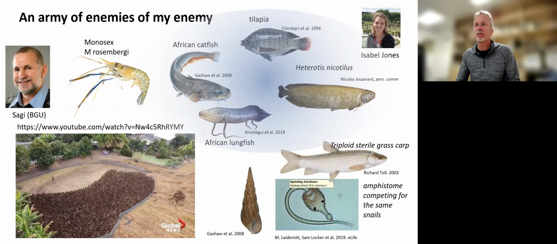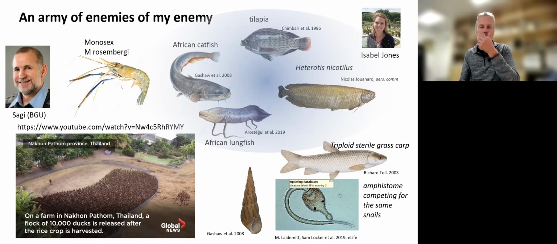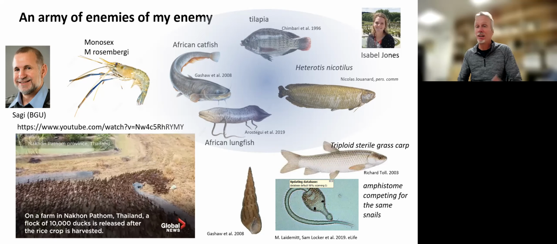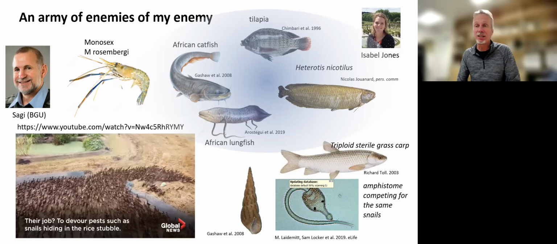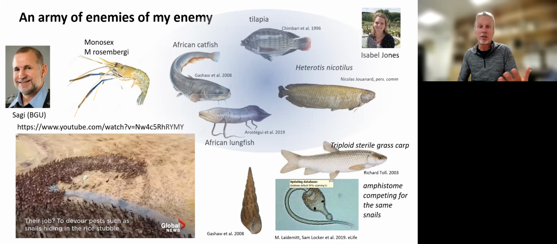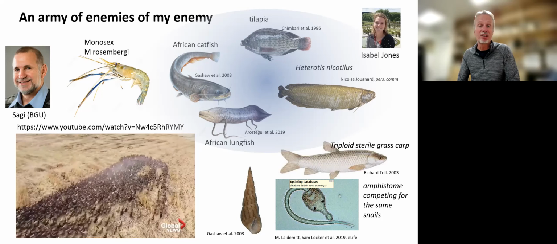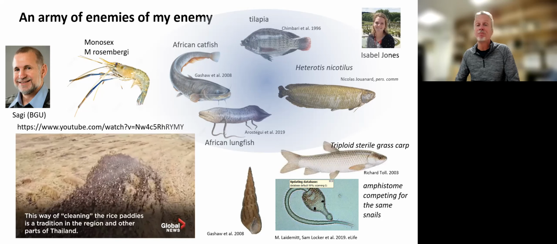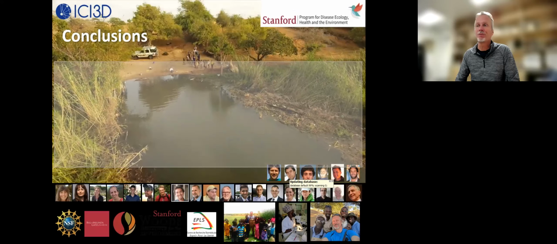And we're looking also, with Isabel Jones, at other potential agents of biological control, including the triploid sterile grass carp. And I just want to mention that it's not only about fish or aquatic species. The use of Indian ducks, for instance, in Asia, is quite frequent to control the golden apple snails in rice paddies. And so this can also be used as a biological control agent.